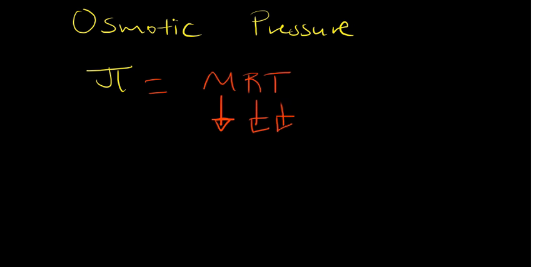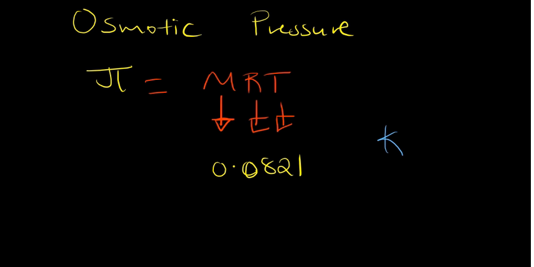For R we are going to use 0.0821 liter atm per mole Kelvin. And the temperature there we use Kelvins. So that is the formula for the osmotic pressure.